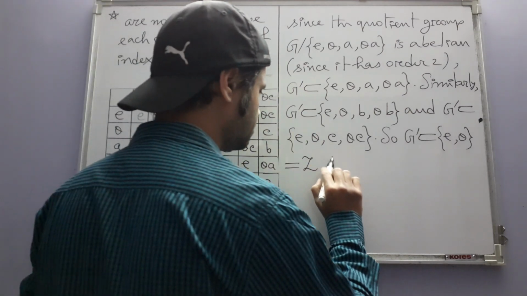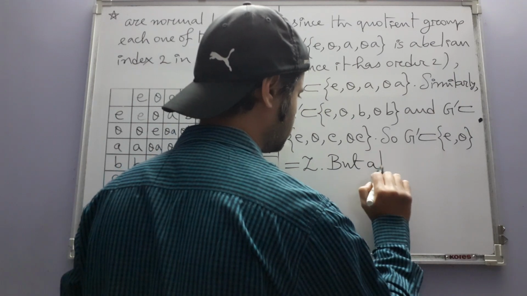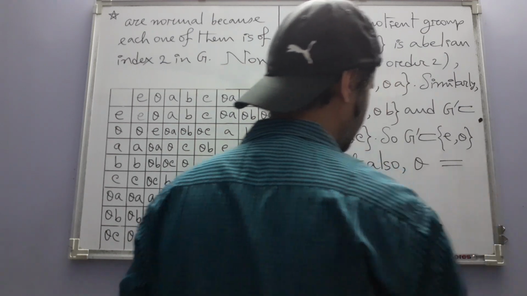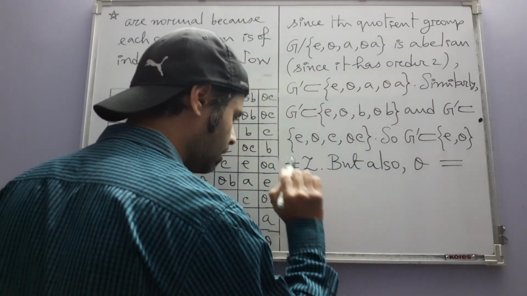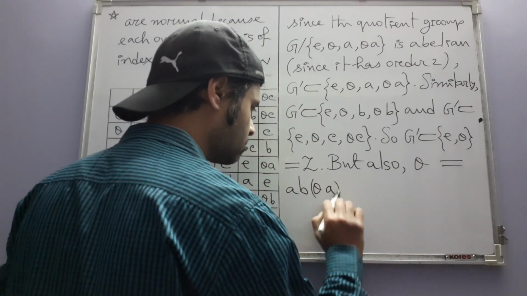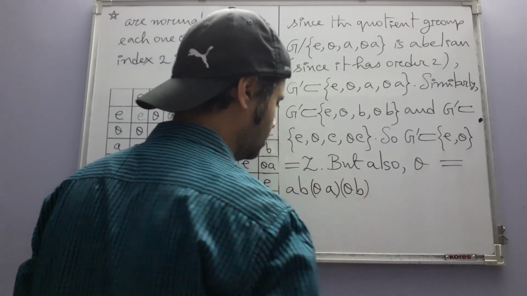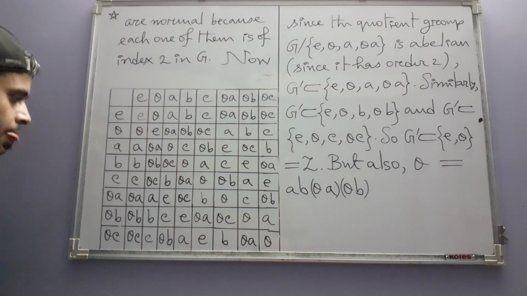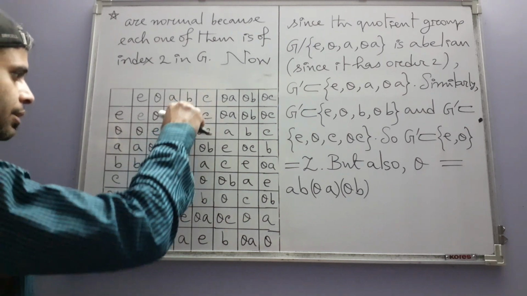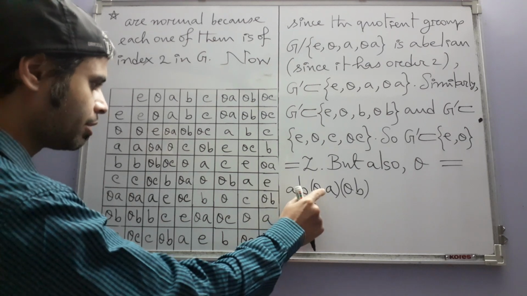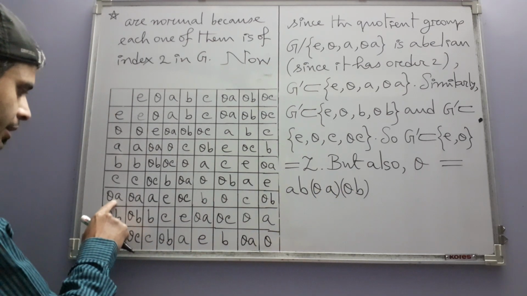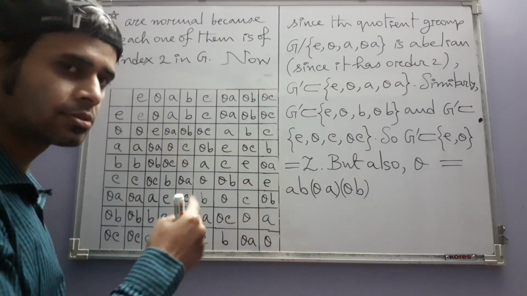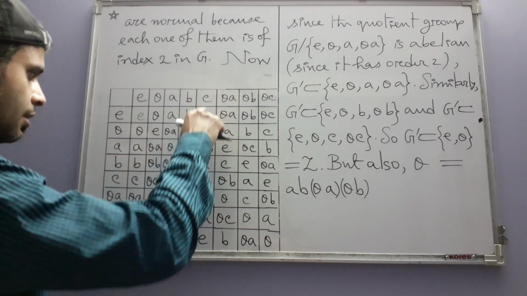But also we have this fact: theta is equal to AB, theta A, theta B. Is it really the case? Let's see the table. What is AB? AB is C. So that means this is C. What is theta A, theta B? Theta A, theta B is C. So that means C and C. C square is theta.